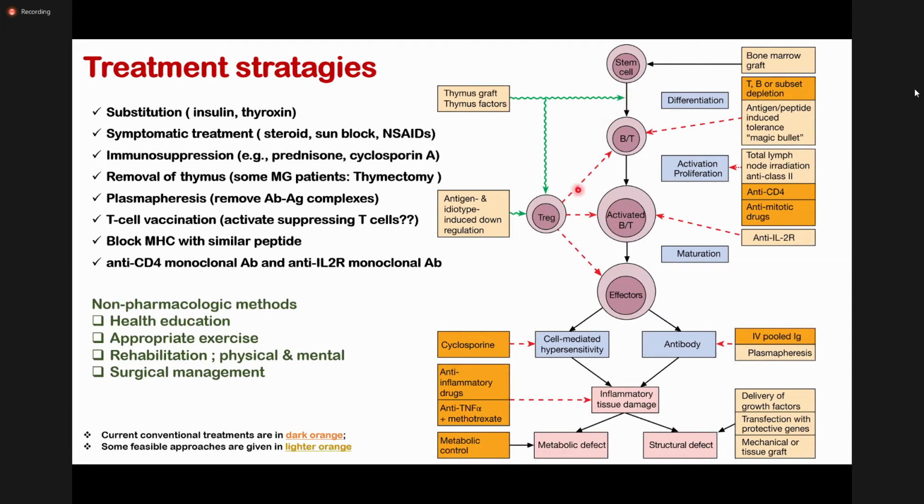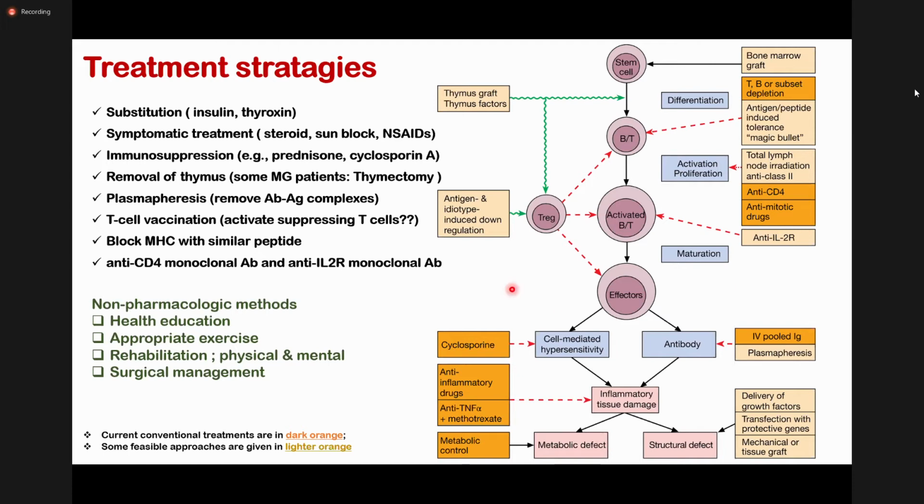If you look at the darker yellow, or the orange, we could say they are the current conventional treatments, and the lighter ones are feasible or possible hypothetical approaches to treatment. Before the cells differentiate, T or B cell depletion is one of the treatments, so that there will be no autoimmune disease.